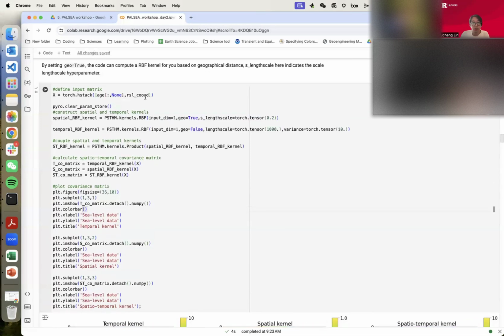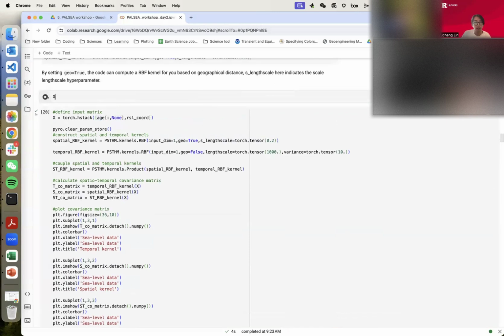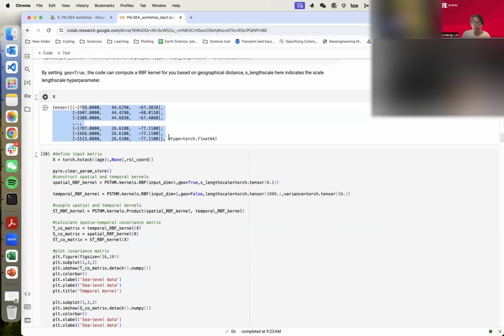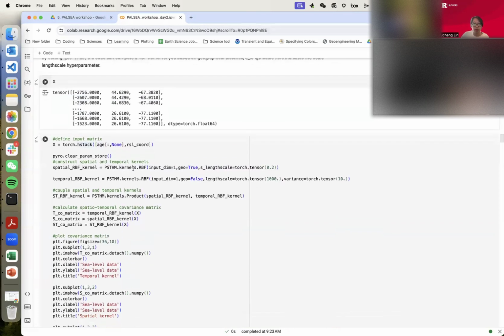Okay, so here, let me show you what I did. The input structure is X here, with 3 columns: age, latitude, and longitude. You do need to stack them together to make them fit into the PaleoSTEM data structure. And how do you generate a spatial kernel? It's pretty simple.